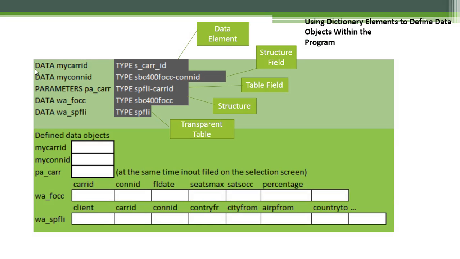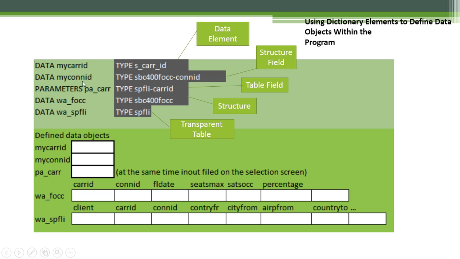For example, we have some ABAP code here. We have some declaration of some variables. We have the myCarrid variable type s_carr_id. This was a data element. You can define variables using data elements.